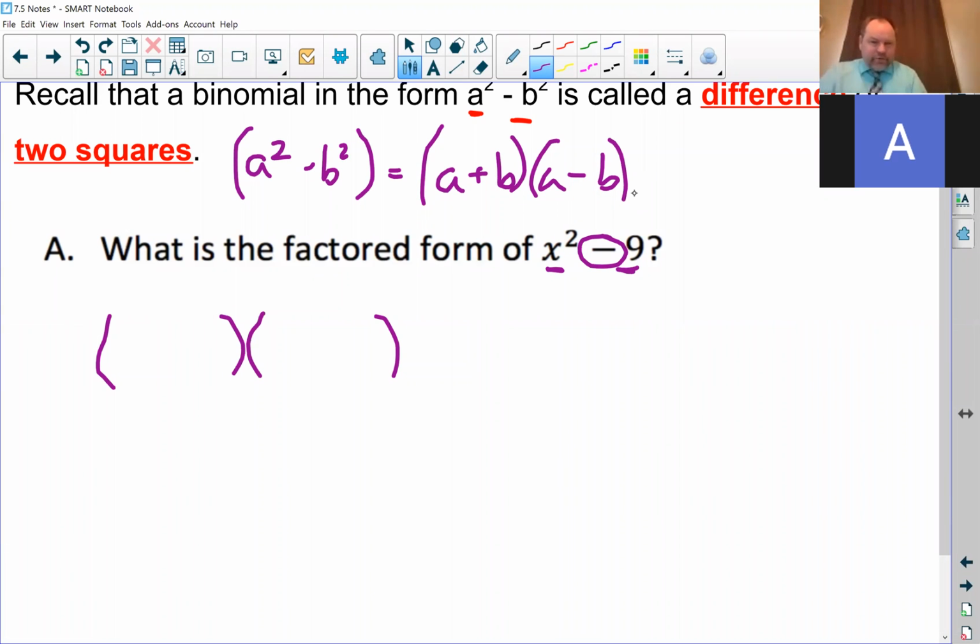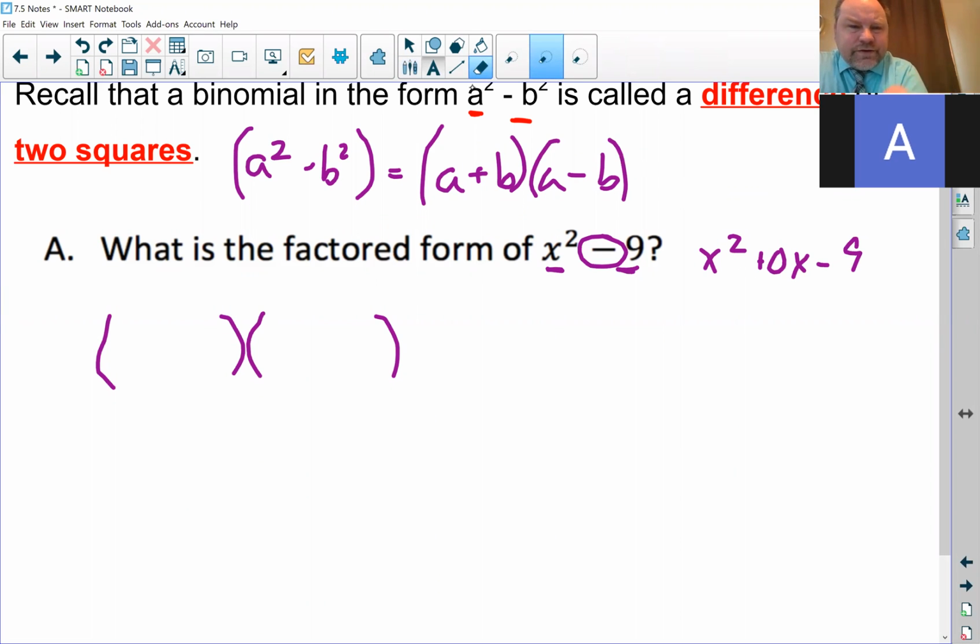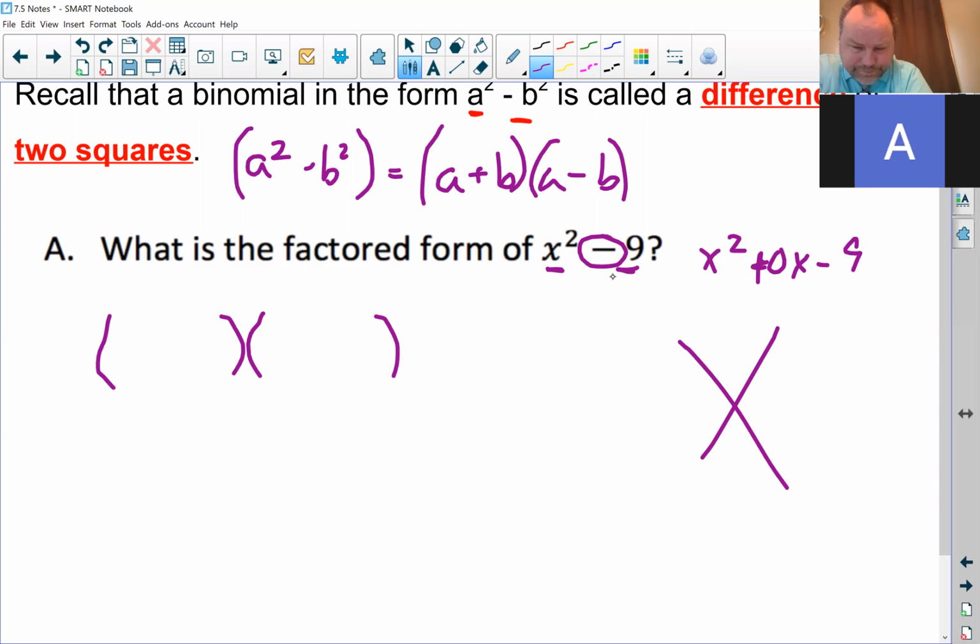One way to think about it, if you really like that x method, this is x squared plus 0x minus 9. I want it to look like a plus. So what we're looking for, if we only have two terms, is two numbers in this case that multiply to -9 and add to 0.